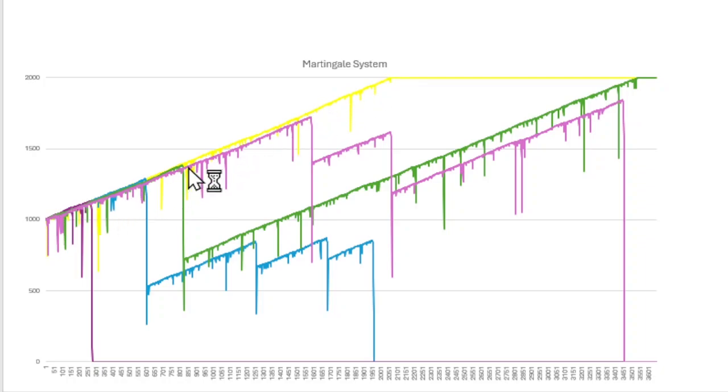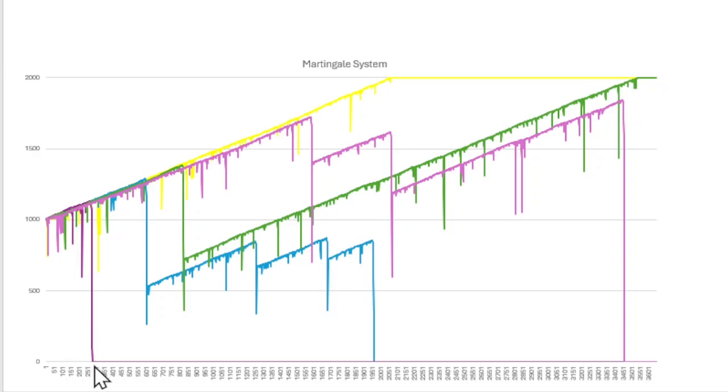On the other hand, occasionally I will encounter a catastrophic loss: 1 unit, then 2 units, 4, 8, 16, 32, 64, 128, 256, 512, 1024, and I'm bust.